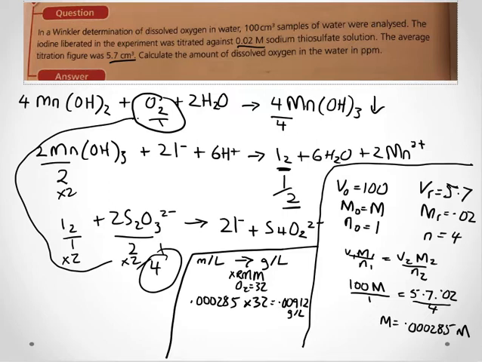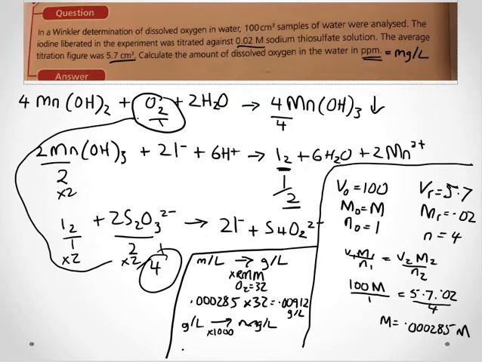Now we are looking for parts per million, and we know that parts per million are the same as milligrams per litre. So right now I'm in grams per litre. To get it to milligrams per litre, I need to multiply by 1,000.